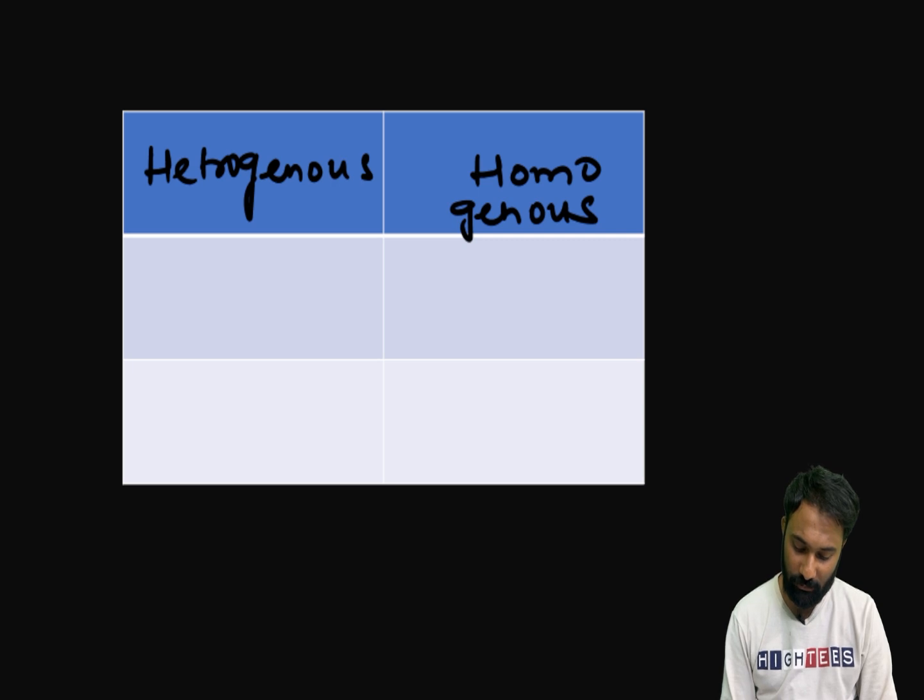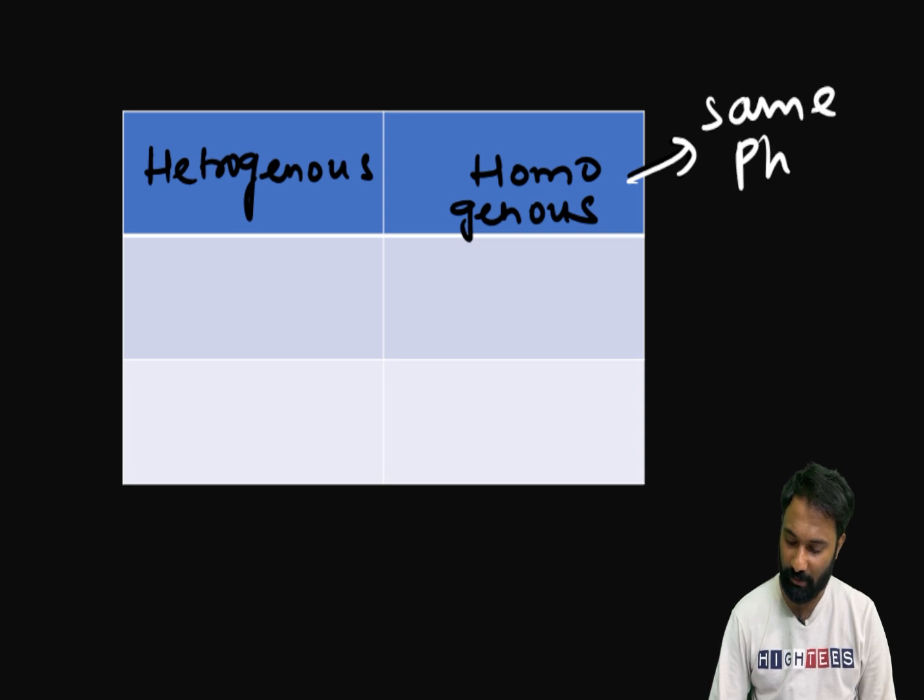Next, we are going to see what heterogeneous means and what homogeneous means. The best example is from our daily life. Homogeneous means the same phase should be there.